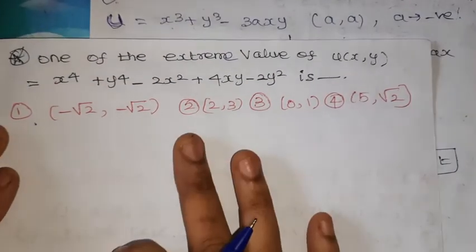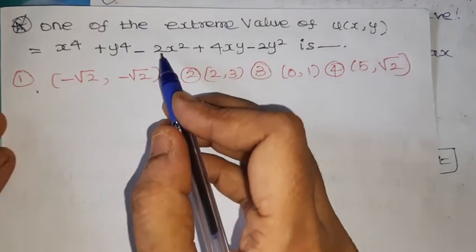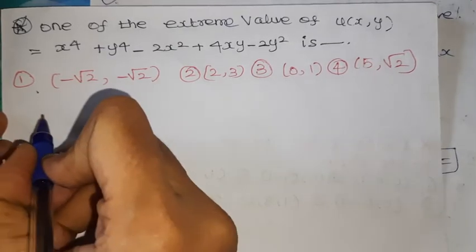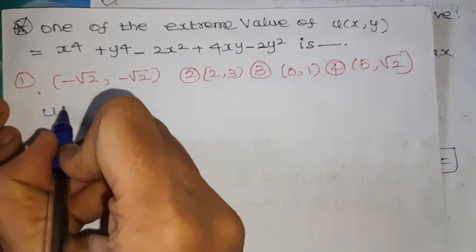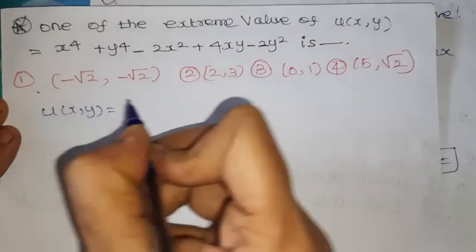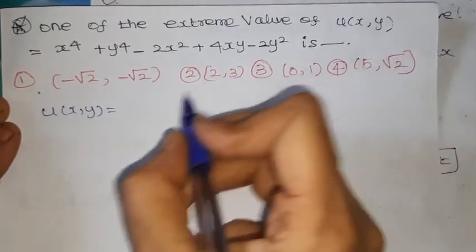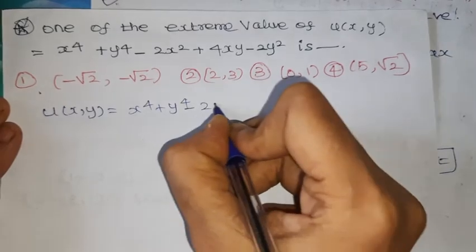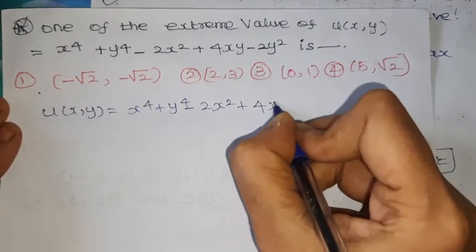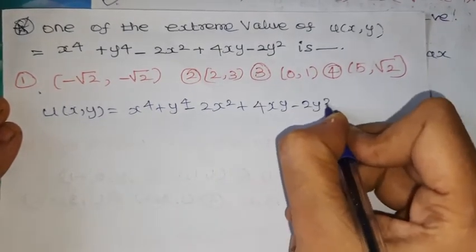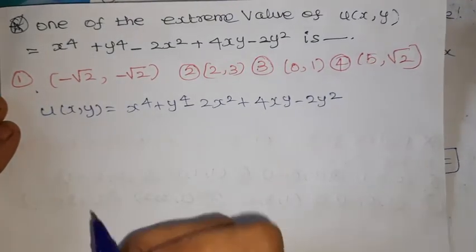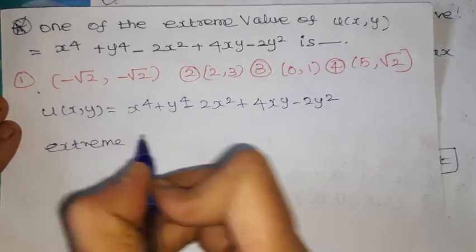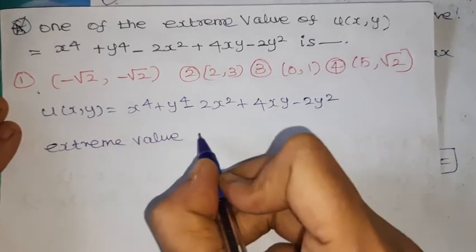Then we need to find one of the extreme values of u of x comma y. What is an extreme value? First we write down u of x comma y, x power 4 plus y power 4 minus 2x squared plus 4xy minus 2y squared. The maximum or minimum value is known as an extreme value.